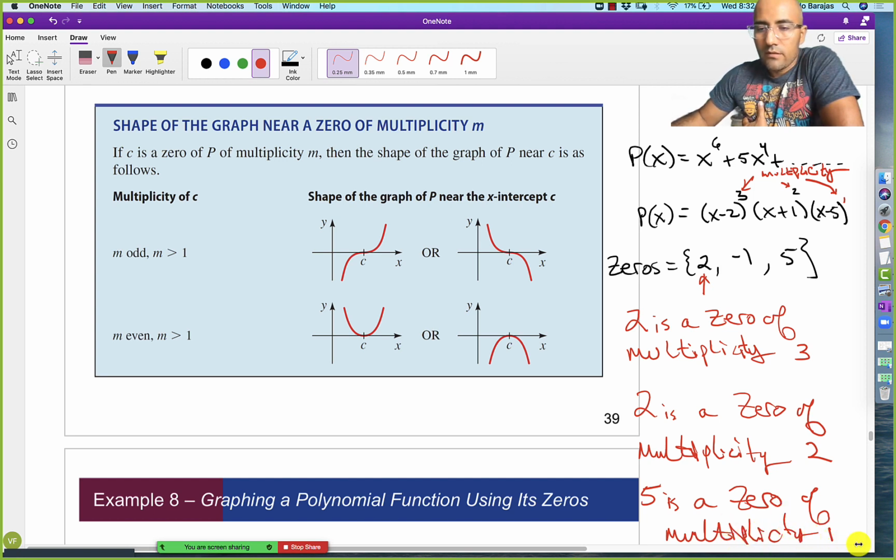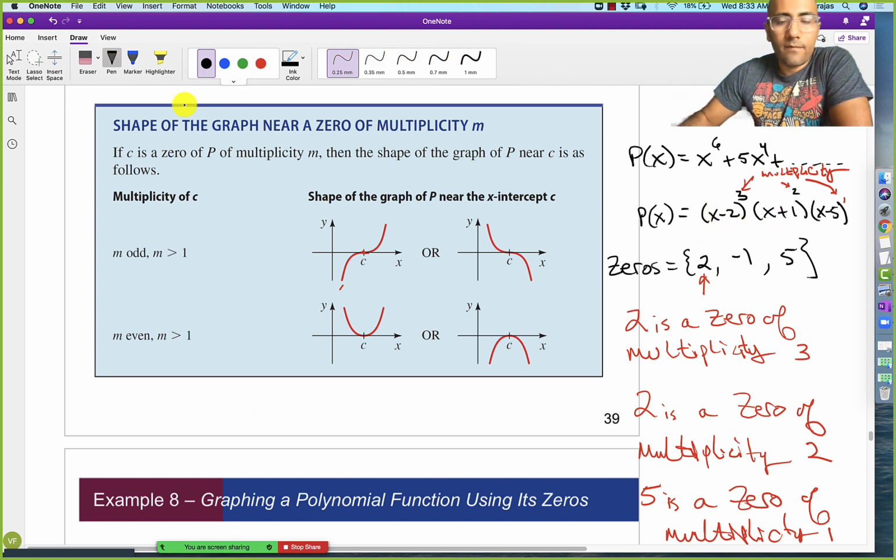Okay, and so this theorem is saying that if we have an odd multiplicity for the 0, then the graph is going to punch through to get to the other side of the x-axis. The fact that it's a 0 means that it's a point on the x-axis. So when I graph this one, I know for sure it'll go through the point (2, 0).